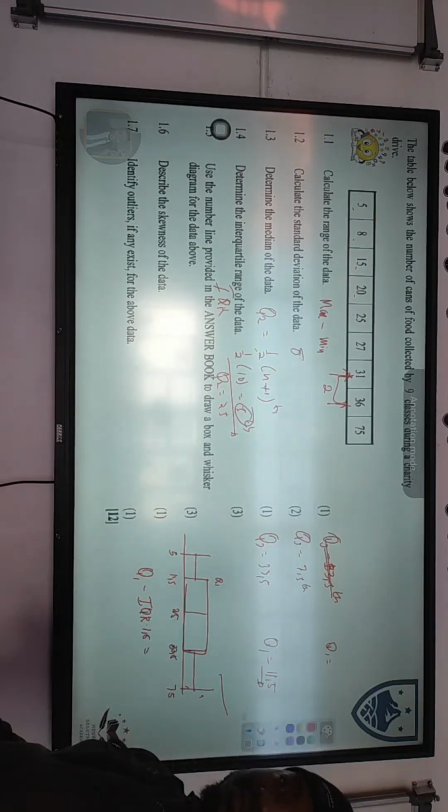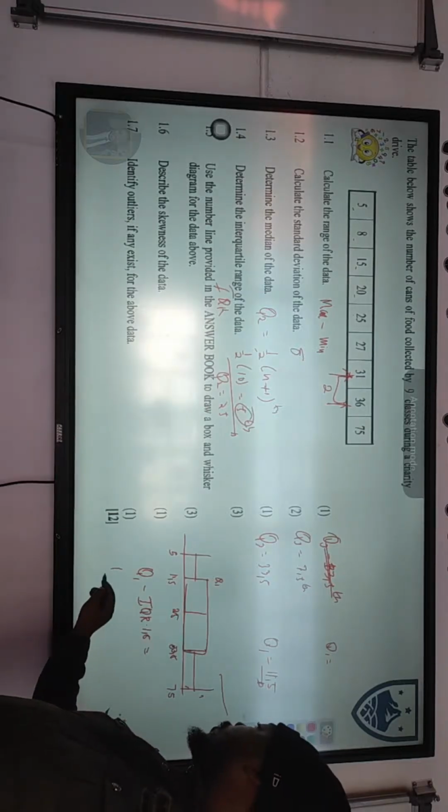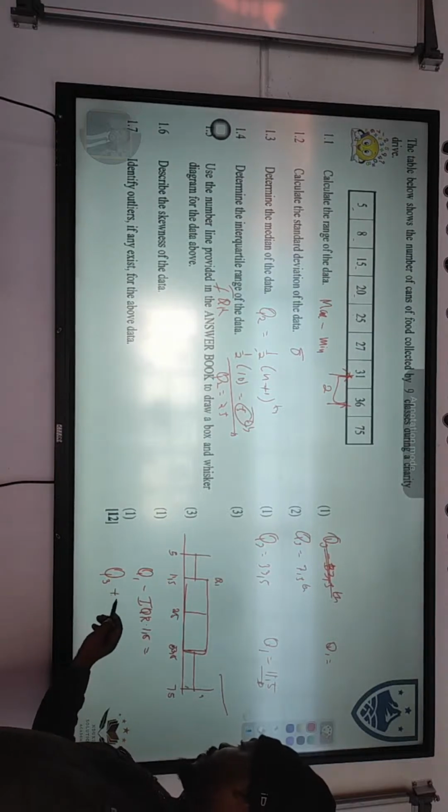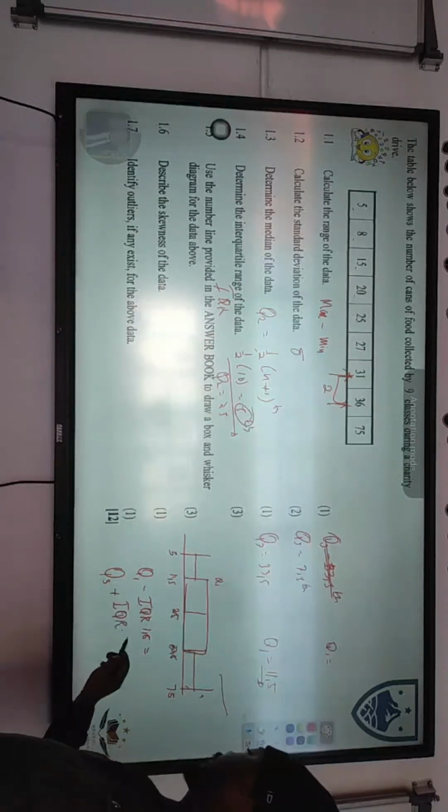Get that value. Then Q3 plus IQR multiplied by 1,5.